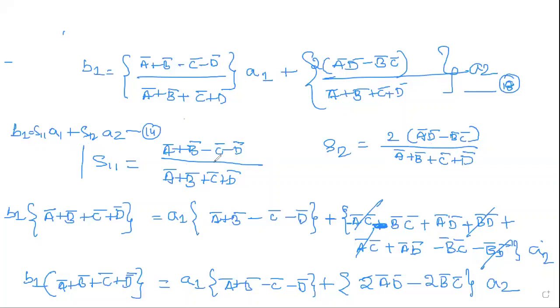This is one equation. You can give an equation number to this as 19 and give this equation number as 20. Is that clear?